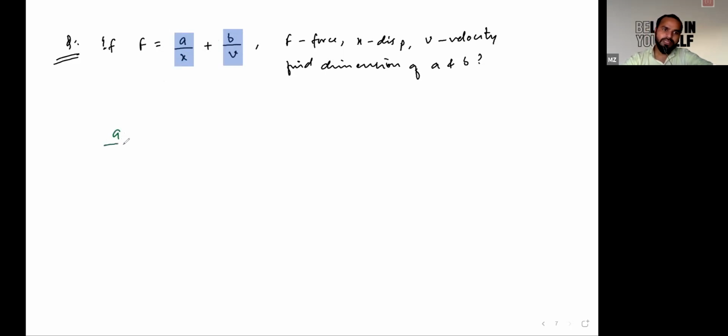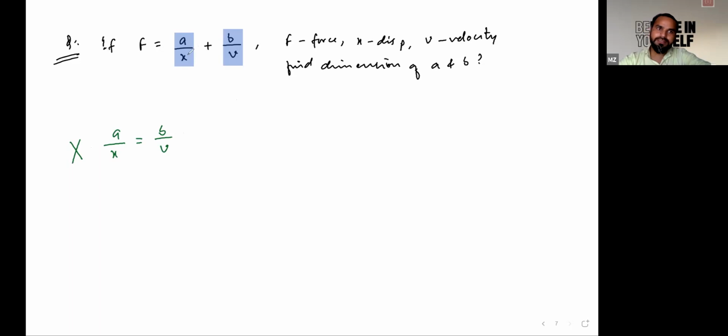So if you equate A divided by X is equals to B divided by V, in this particular equation we have two different variables, first one is A and second one is B. So you can't find two different variables from a single equation. So just leave this particular relation aside.